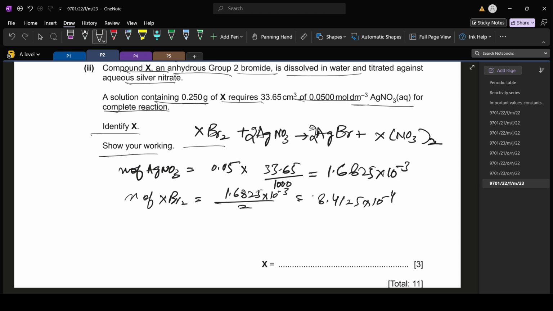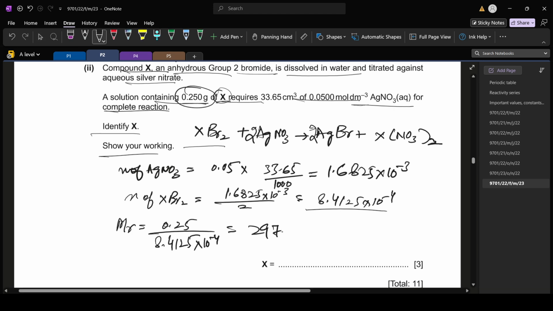Okay, and now you have the moles, and the mass of X is given to you. So you will find the Mr of X. Mr is equal to mass divided by moles, 8.4125 × 10^-4. So if we calculate, the Mr will be 297.2.